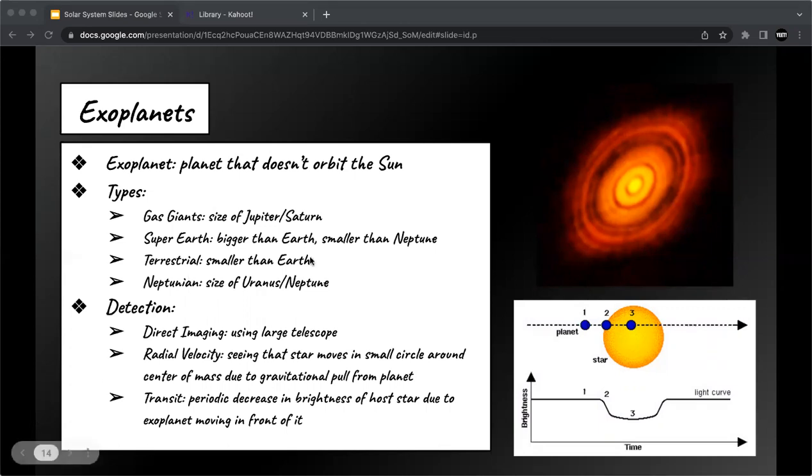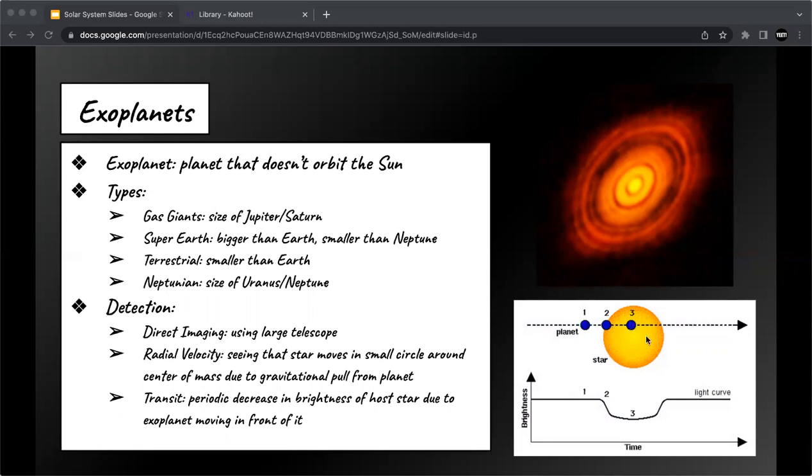And then we have transit. Transit is observing the periodic decrease in brightness of a star because an exoplanet is moving in front of it. So on the right, you can see transit. When the planet is in position 1, the brightness is at this level.